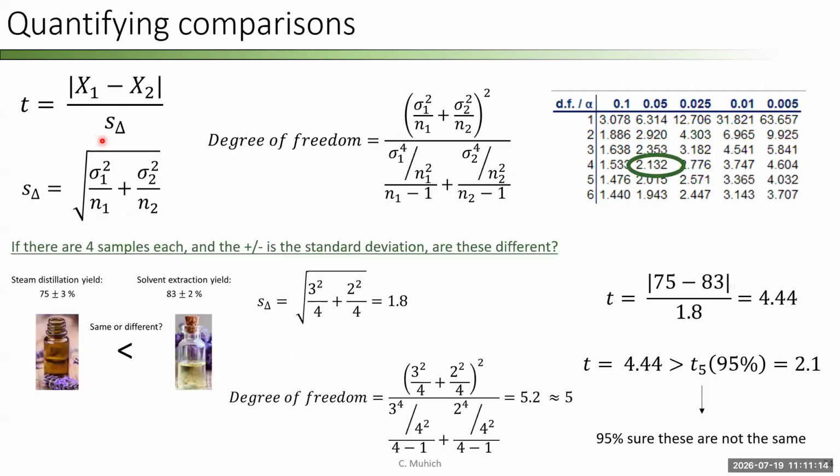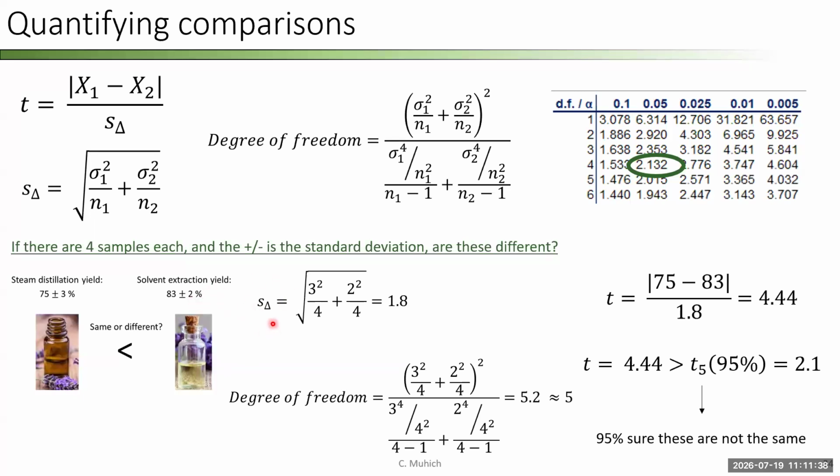I want to quickly go through an example here. Let's say that we go back to our steam distillation versus solvent extraction example. Want to know, are these the same or different? Let's assume we did 4 steam distillations, 4 solvent extractions. Let's see if they're the same or different.